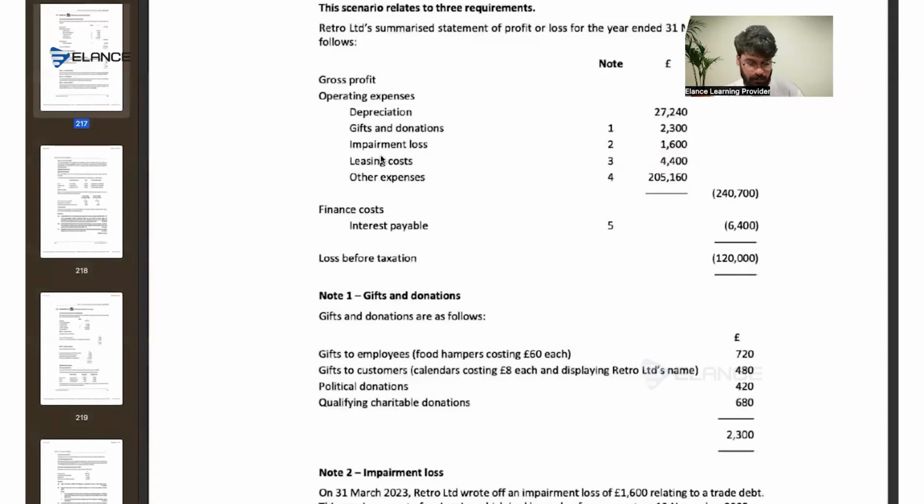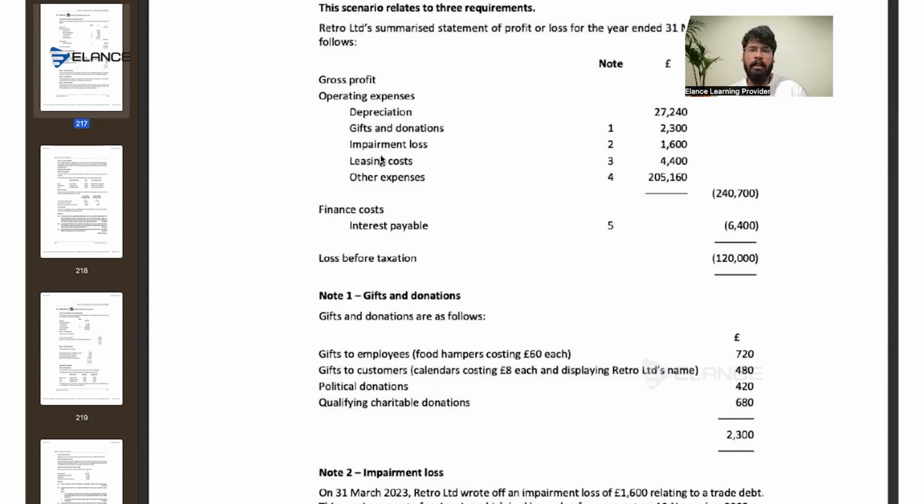Gift to customers 480. Yes. Normally, the gift to customers is a disallowed expenditure. We should add it back. But here there's an exemption, because if any gifts are given to customers or any third parties for the purpose of advertisement, it will be an allowed expenditure.